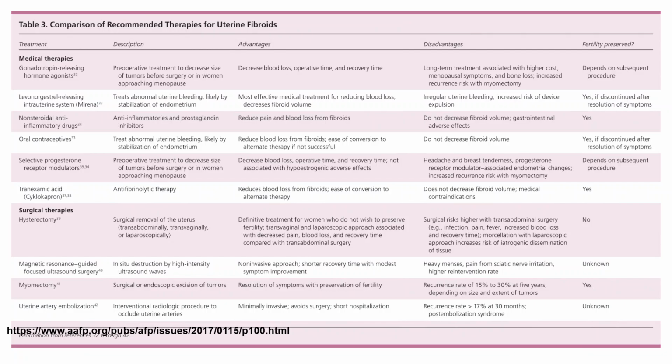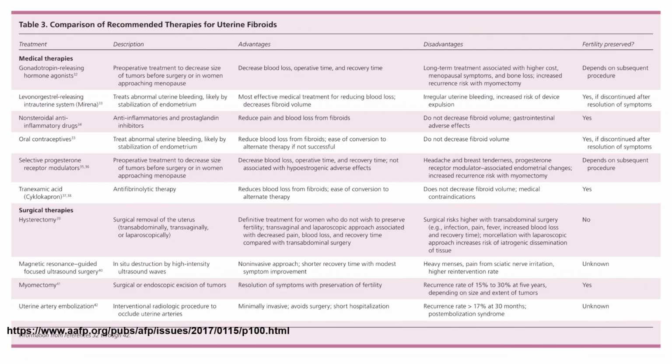Oral contraceptives do not decrease the fibroid volume at all. The only advantage is that they may reduce the bleeding. Progesterone receptor modulators are rarely prescribed, and they may produce more severe adverse effects like headache and breast tenderness, hence they are not really used.